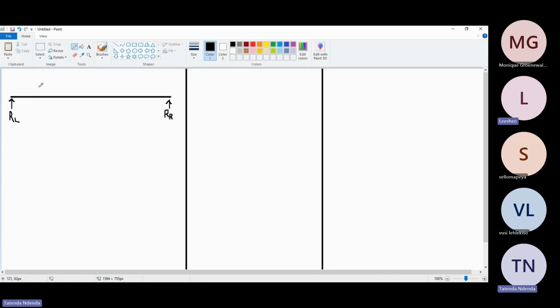I'm having a force going down here, let's say 10 newtons, and I'm also going to have another force here that I can call maybe 50 newtons. Then I'm going to have 2 meters, 4 meters, and 3 meters, like that.